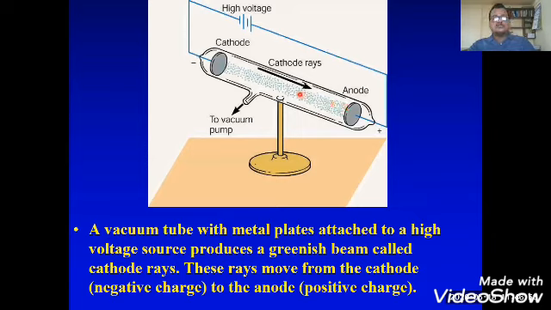And when the pressure was further reduced to around 10 to the power of -4 atmosphere, then invisible rays travel from cathode to the anode, which could cast the shadow of any object placed in their path. So this is called the cathode ray experiment.